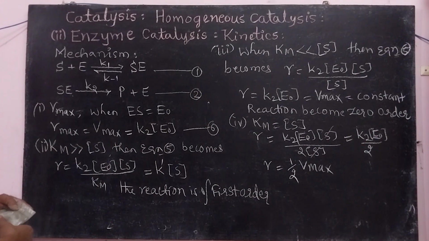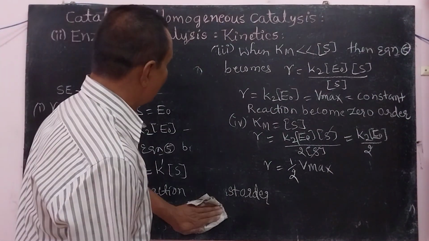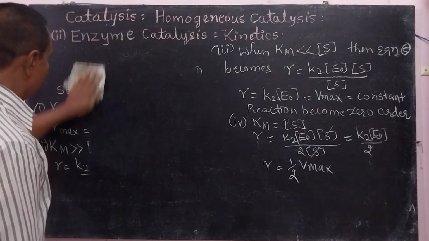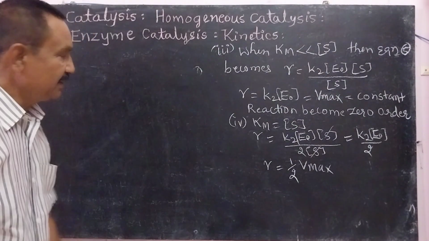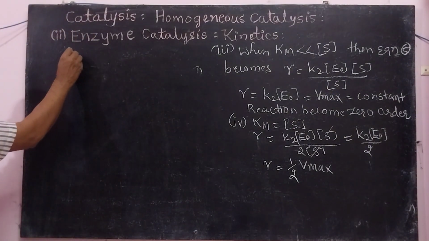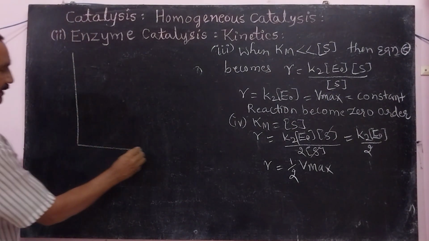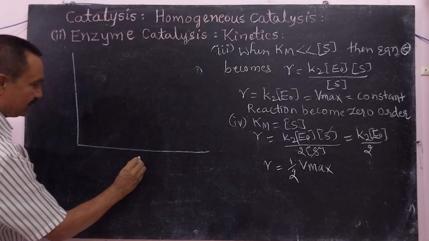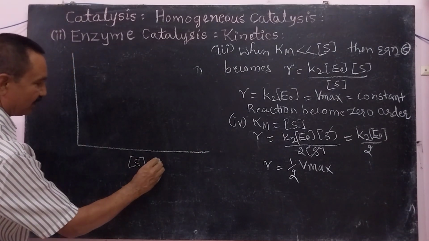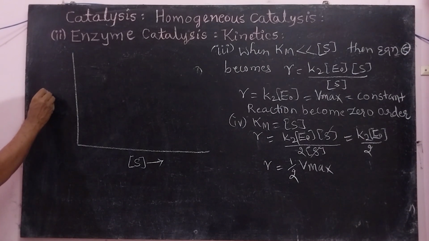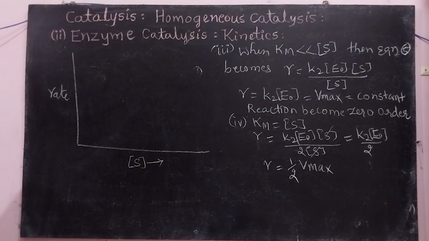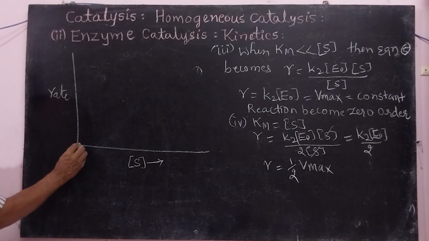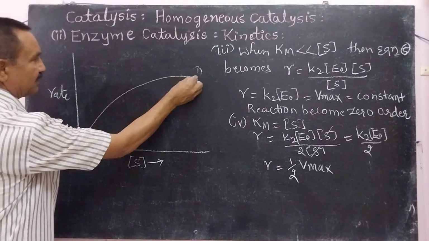Thus, this can be explained with the help of a diagram, that is, rate versus concentration of S. Along the x-axis we take the concentration of S, and here we take the rate. Then we are going to get a curve of this nature.